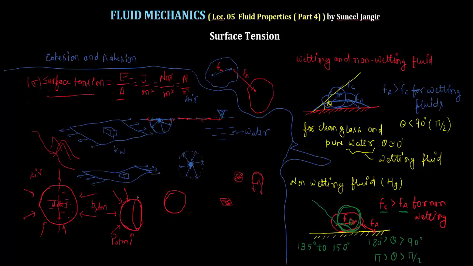As here is the free surface, the surface tension will act like that. This is sigma, surface tension. So you can see here the atmospheric pressure and the surface tension both are trying to compress this droplet.